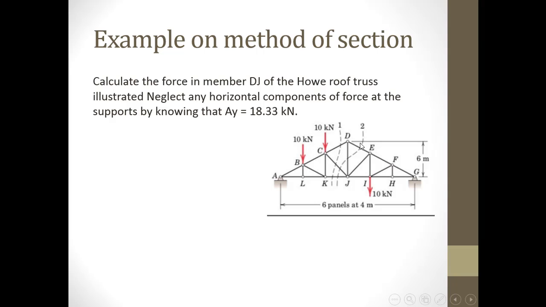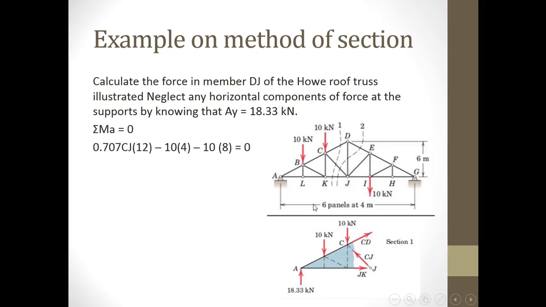I can cut it from here to here, but if I cut it from here to here, this force will be unknown, so I'm going to cut it twice. The first section will be this section, which I'm going to cut from here to here to find CJ, to find this member.